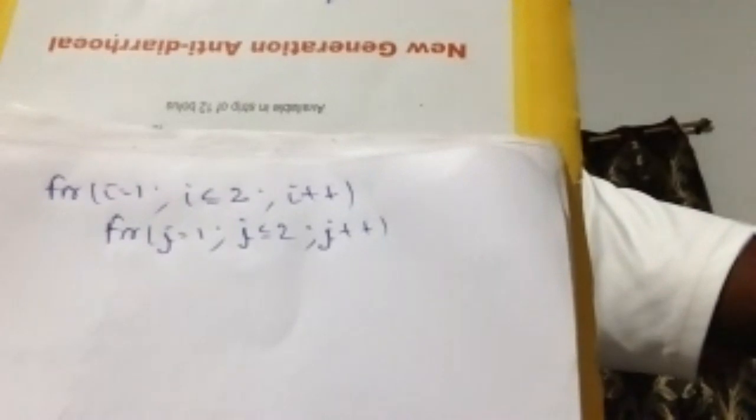Is it clear? For I equal to 1, I less than or equal to 2, I plus plus. Next one is J equal to 1, J less than or equal to 2, J plus plus.